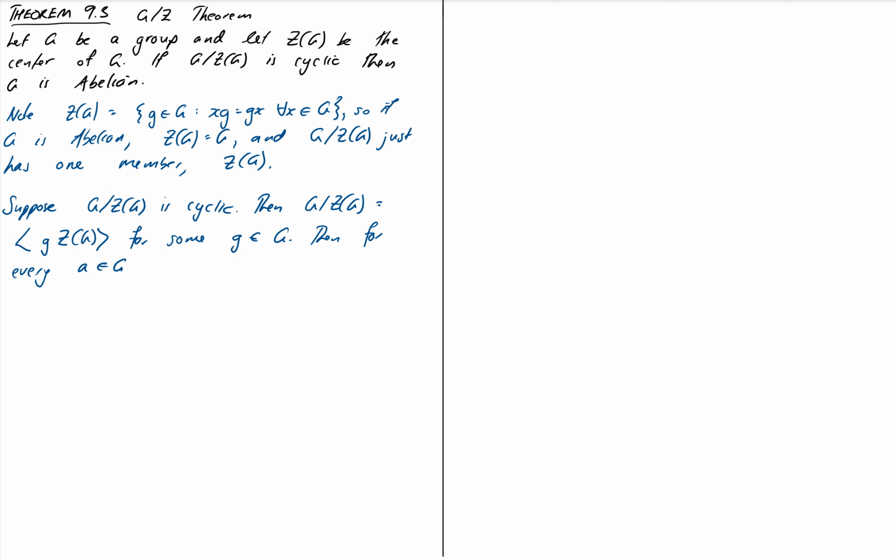So for every a in our group, the element aZ(G), which is a member of our factor group, is therefore going to be equal to our generator to the power of i, for some integer i, which equals g^i Z(G), just following our standard coset rules.